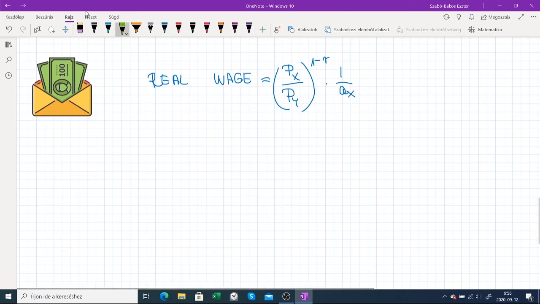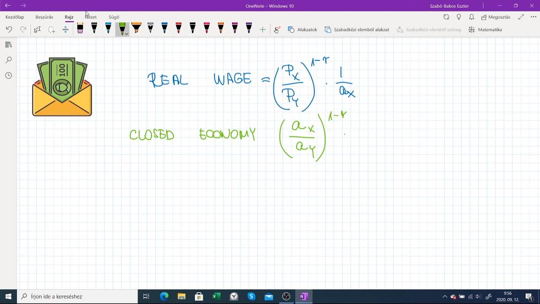In a closed economy, this Px over Py equals Ax over Ay. So this is Ax over Ay raised to the power of 1 minus gamma times 1 over Ax.